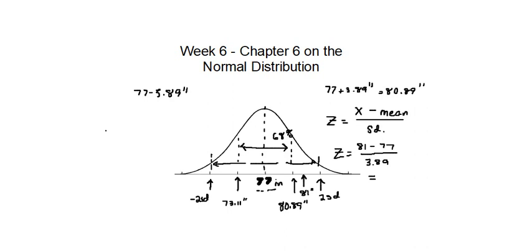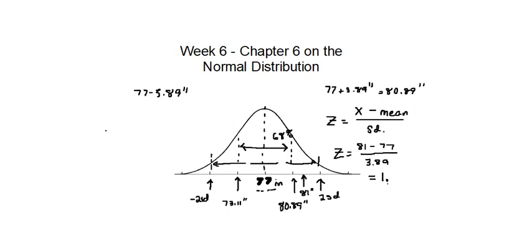Let me get my calculator out again. I take 81 minus 77, which is 4 inches, and divide that by 3.89. And so my z-score here is 1.03.